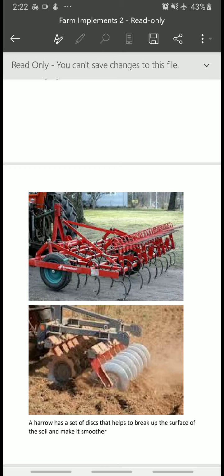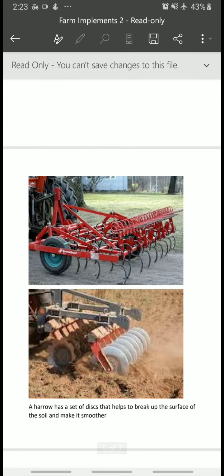And we have the harrow. The harrow is used to break those very, very hard soil. The ones that the cultipacker could not break, it will break. Those very big hard ones. Those big ones that, when you fall on the floor at times, on bare ground, it is hard.